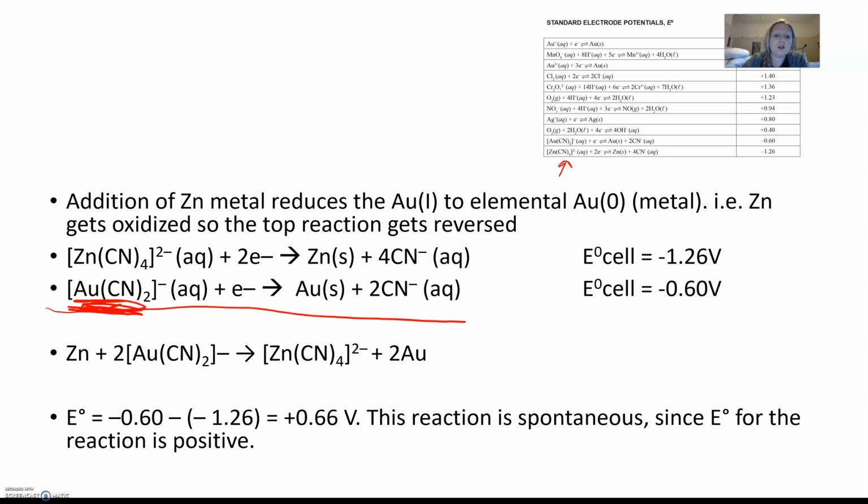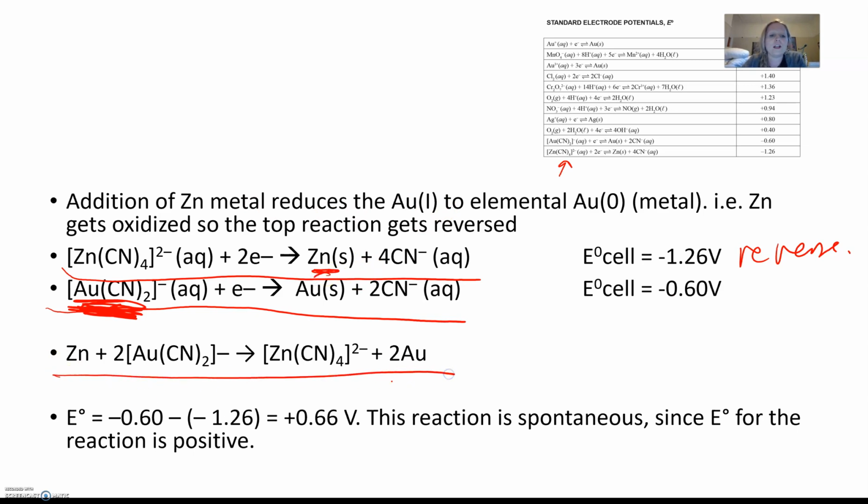And so when you put the two together, we know that this is what we're starting with, and so we know we have to reverse the top one and make it oxidation. And we know that anyway because it said you were adding zinc, and it said that zinc was reducing the Au. So we know that's getting reversed, and when you reverse it and write a full equation, this is what you get to. And I hope that makes sense. So this should be superscript, by the way, and with my broken keyboard at the moment, I can't do that.